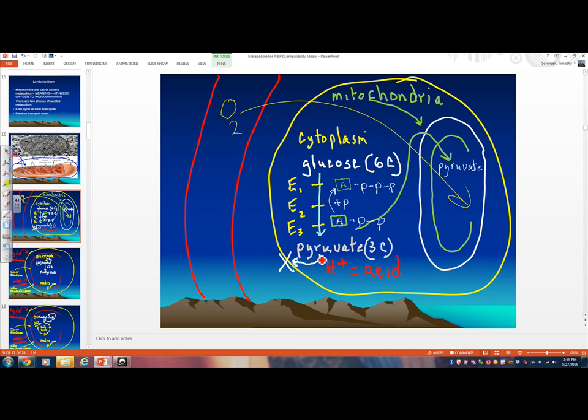The problem with pyruvate is that it is impermeable to the cell membrane. It cannot leave the cell and go into the blood. The only place that pyruvate is permeable to is the mitochondria. So pyruvate from the cytoplasm will diffuse, high concentration to low, into the mitochondria. I'll end it there, and then I'll pick up the next phase of metabolism, which is the aerobic phase of metabolism.